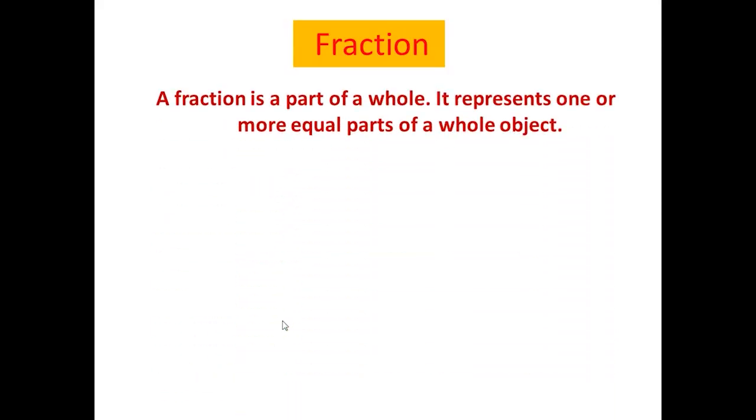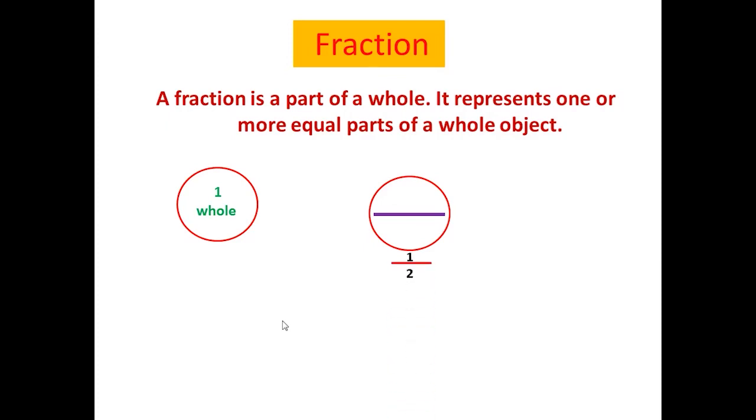Fraction. When a whole is divided into parts, each part represents a fraction. Suppose this represents a whole circle. Now, when a whole is divided into 2 equal parts, we get each part as 1/2, and 1/2 is also expressed as 1 by 2.